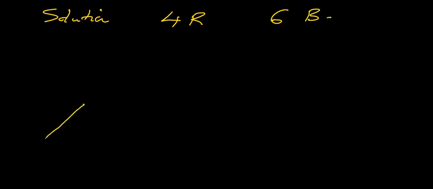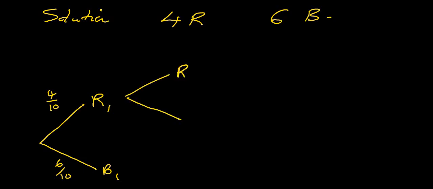So if we create this, the first one, R1, then B1 here. If you are choosing a red one at the beginning, it's supposed to be 4/10, and this is supposed to be 6/10. Then if you pick another red one, that's going to be R2. Then this is B1, the first black ball that you choose. If you already chose 1 red, then there are going to be 3 remaining, so from the 9, this, then 6 black ones.